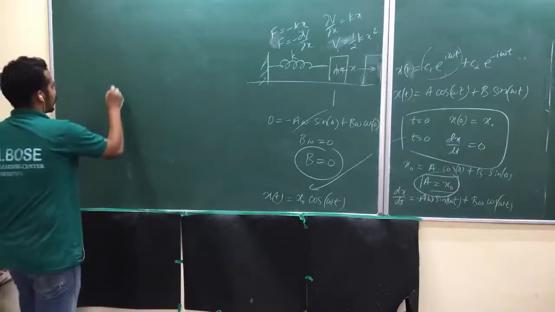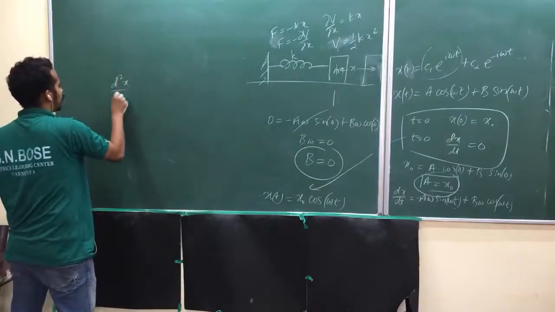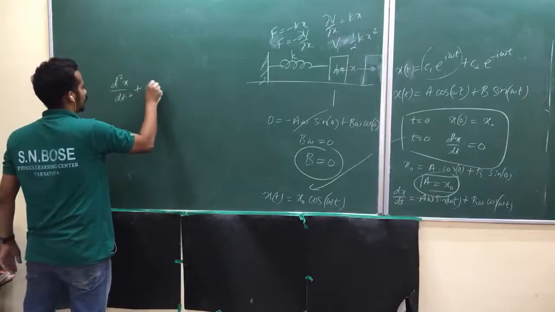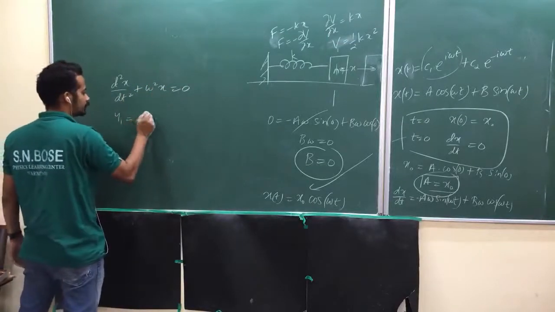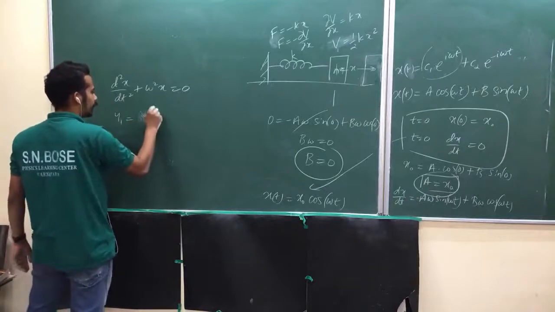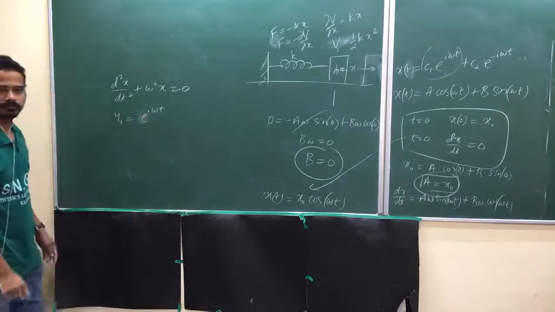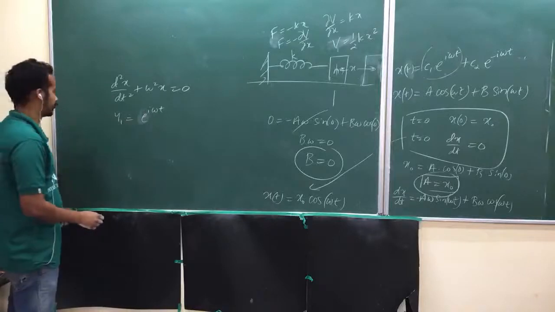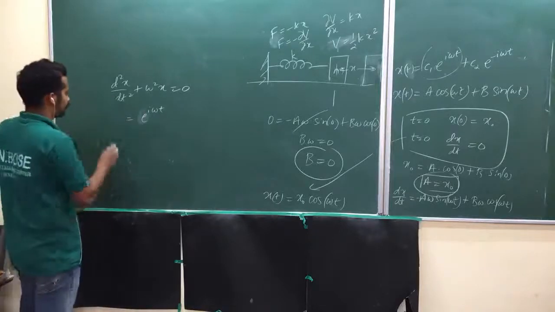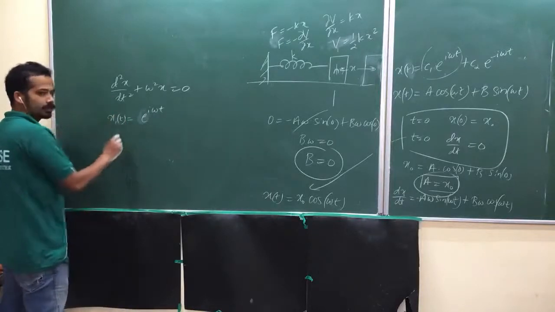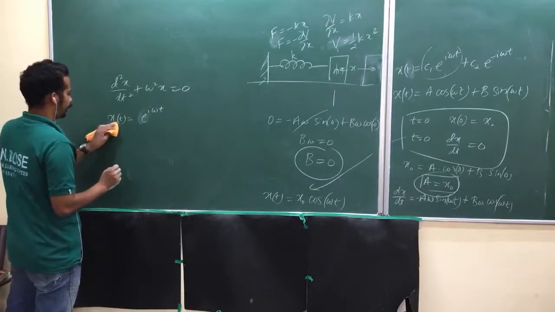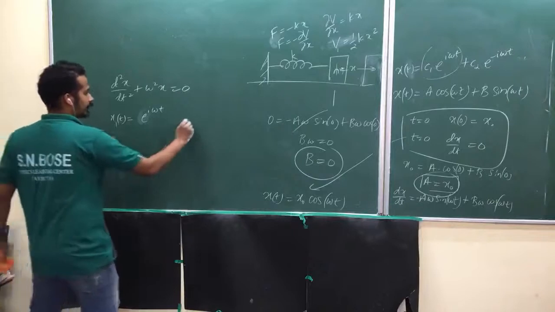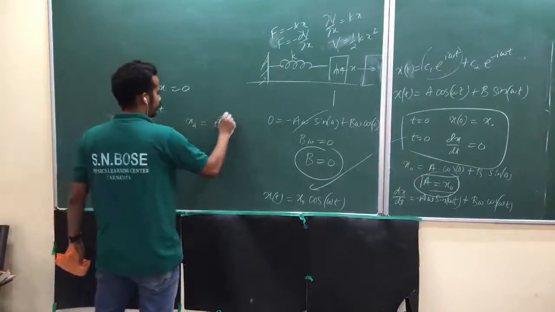Now look at here, let me take this one, d square x by dt square plus omega square x is equal to 0. Let me call one of the solutions x1 equal to e power i omega t. You can check it out. And x2 is e power minus i omega t.